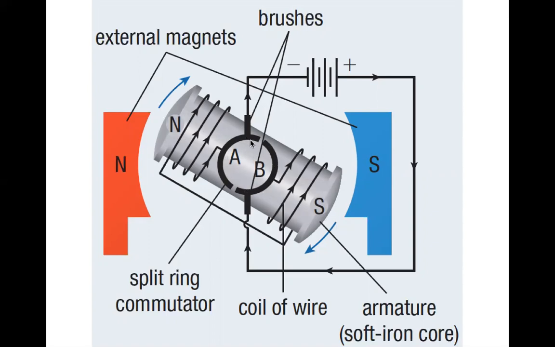Instead of being purple and pink, it's part A and part B. And yes, one of the main learning goals of this lesson was to be able to label all these parts and tell what is the function of each part.